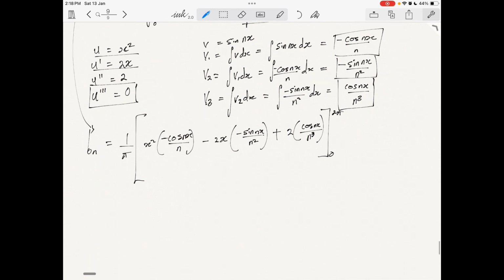So, simplifying further, we have bn to be equals to 1 over pi into minus x squared cos nx over n plus 2x sine nx over n squared plus 2 cos nx over n cubed.